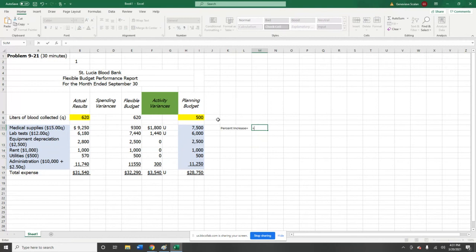We went from 500 to 620, so 620 minus 500 divided by 500, that's 24%. So the increase is 24%, and so you would expect to see that over here, right?